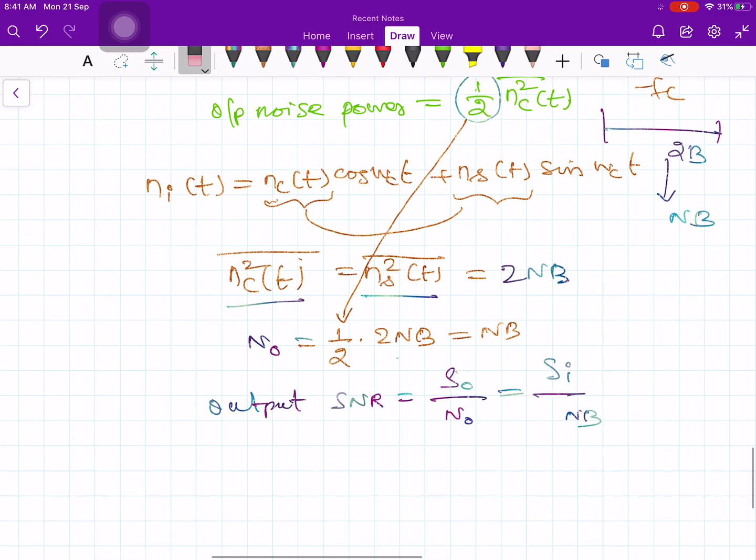What is this SI by NB? Recall from your baseband communication system. This is equal to your gamma. Therefore, my DSB-SC system provides an output signal to noise ratio which is the same as our baseband communication system.